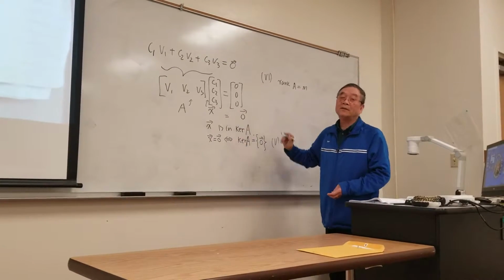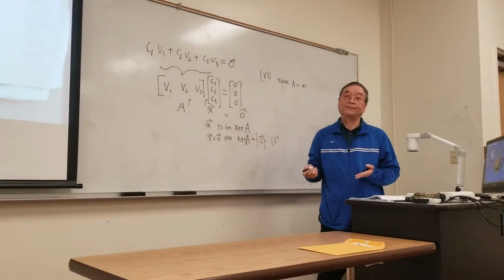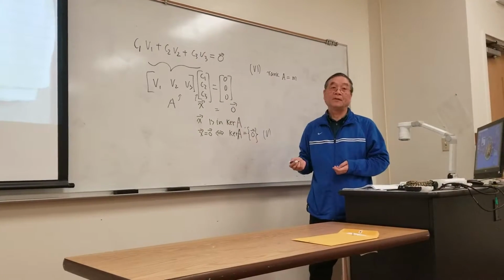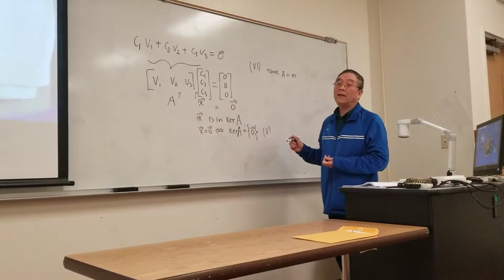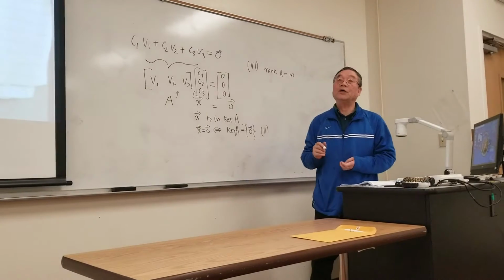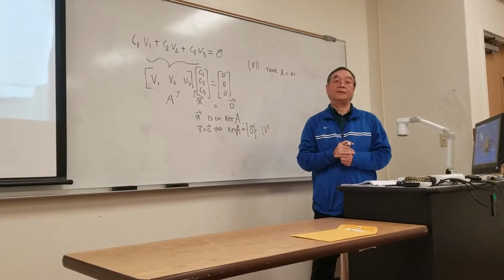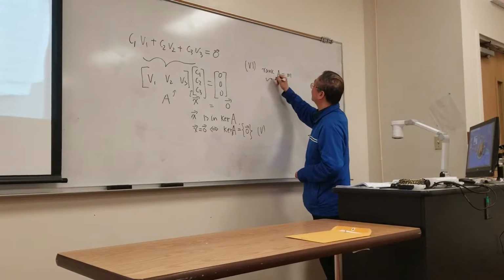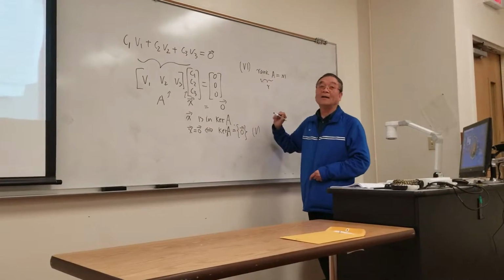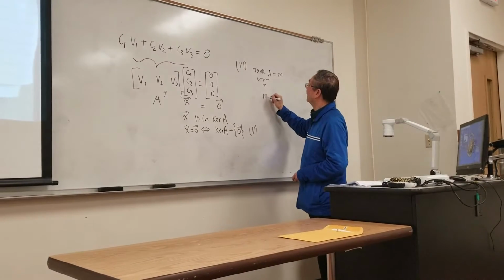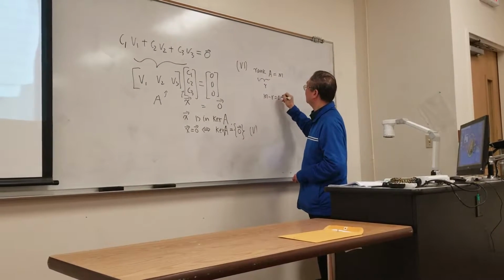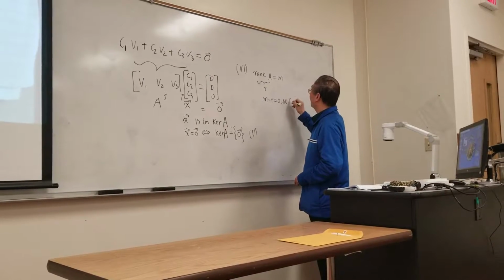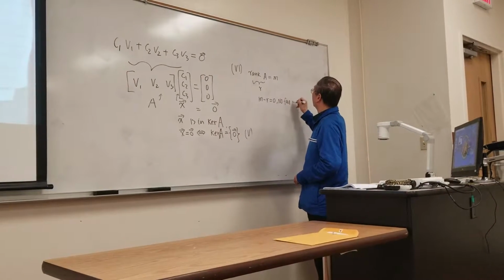Okay, so that means unique solution. Trivial solution is the only solution, right? Of AX equals 0. So that means there are no free variables, right? No free variable means what? This is rank R. M minus R is 0. 0 means what? No free variables.